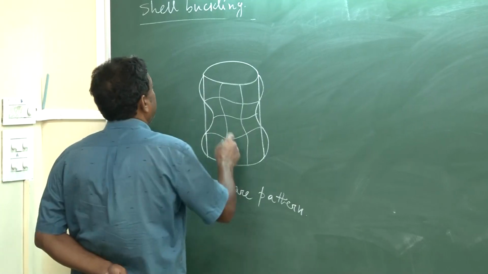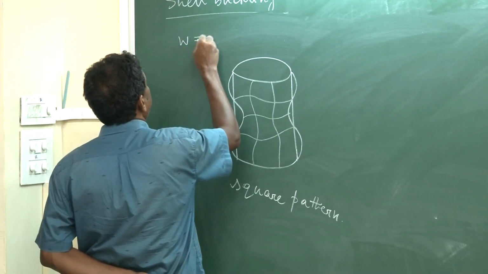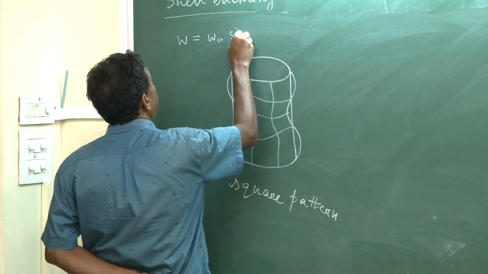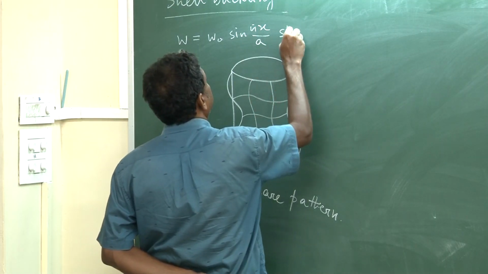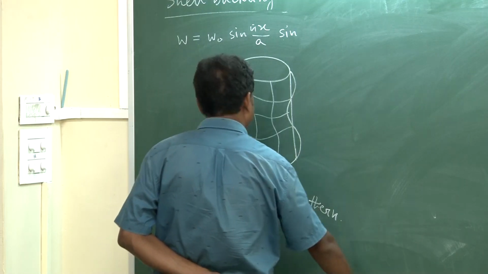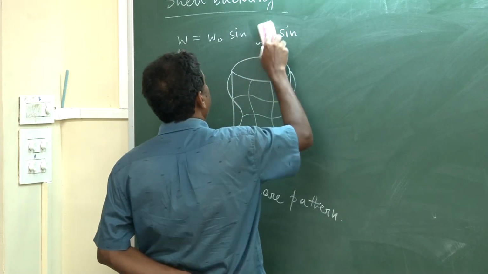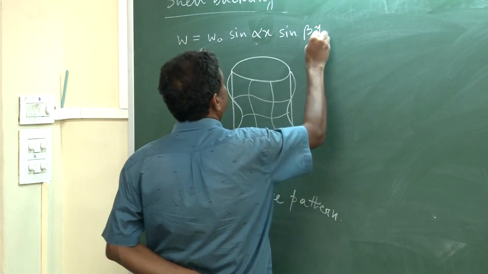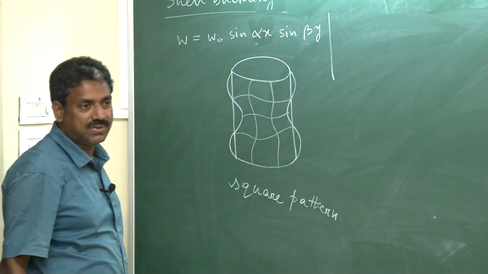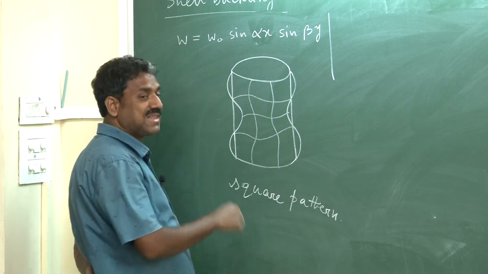assumed simply supported. So when we assume W equal to W0 sine pi x upon a, and then sine alpha x and sine beta y, this is for the Poitras solution, we assume it like that.